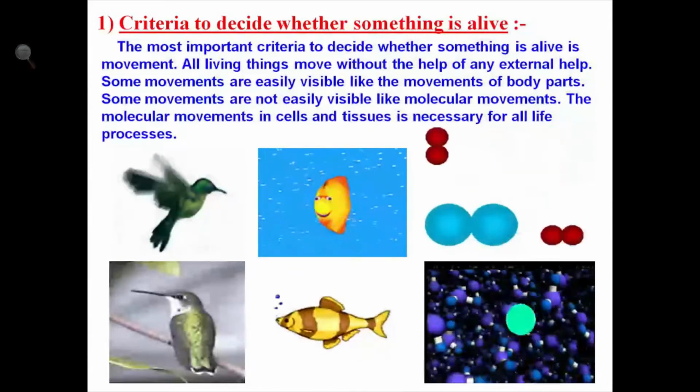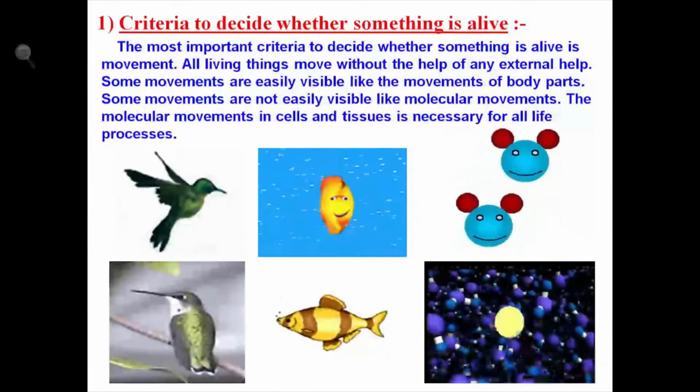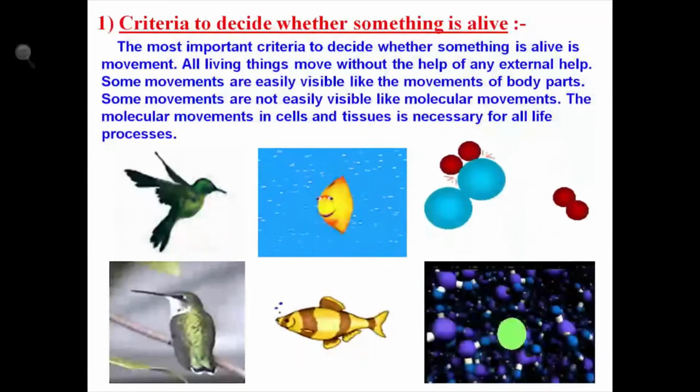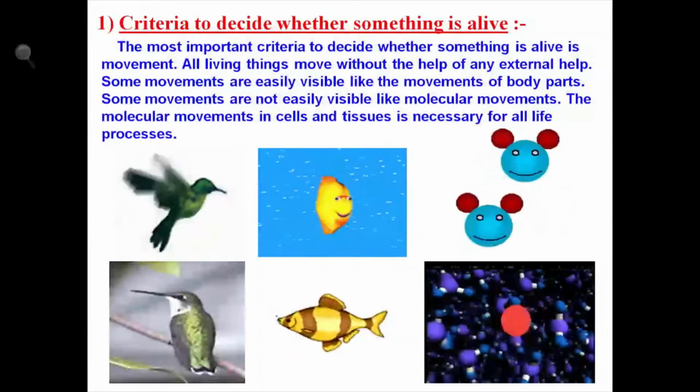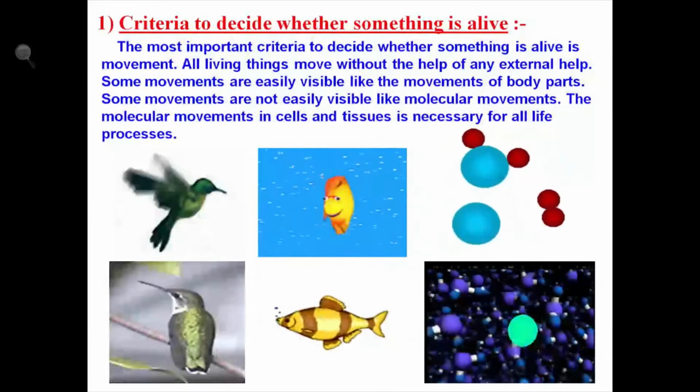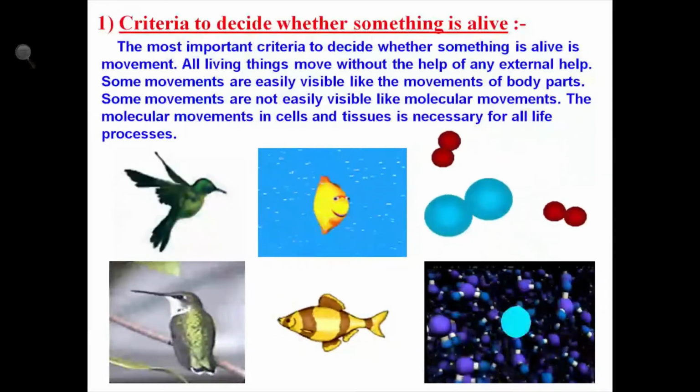Criteria to decide whether something is alive. The first question that comes up is whether something is alive or not. The most important criterion to decide whether something is alive is molecular movement.